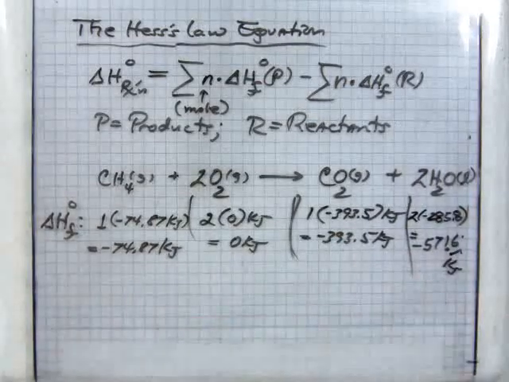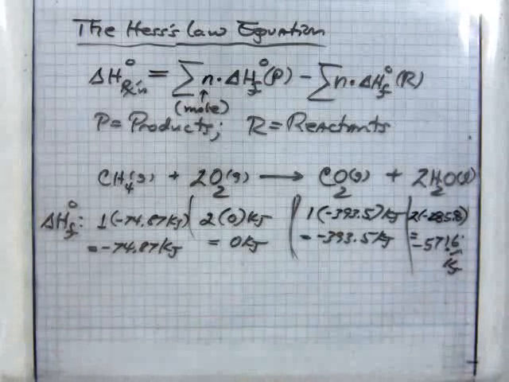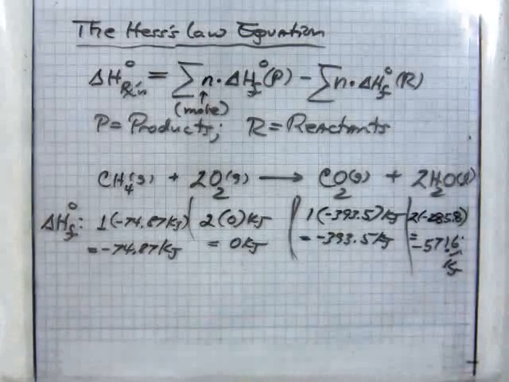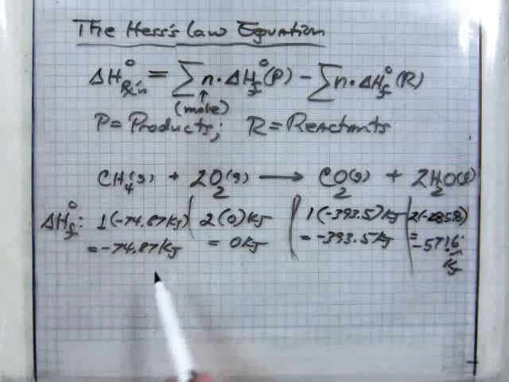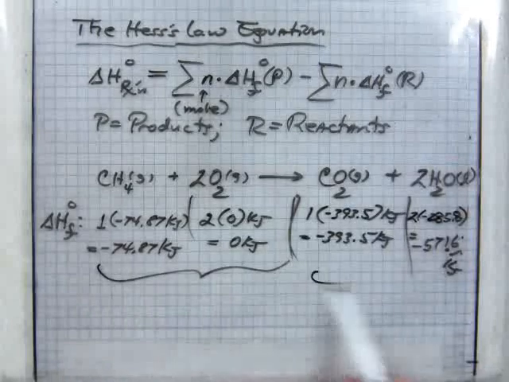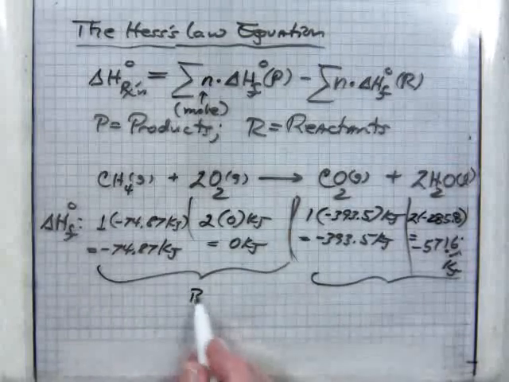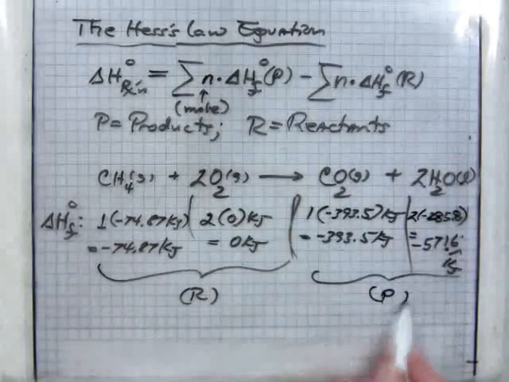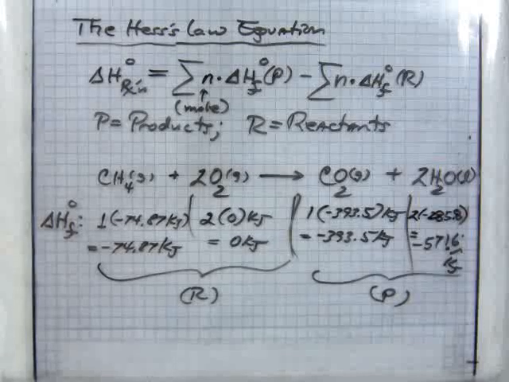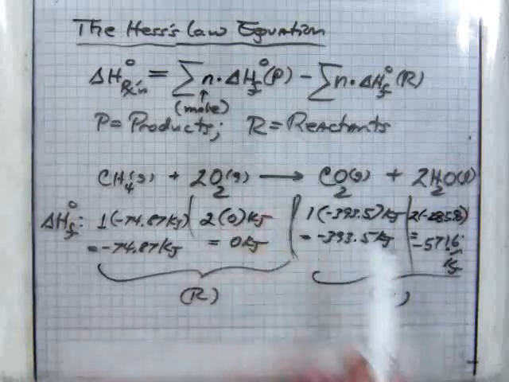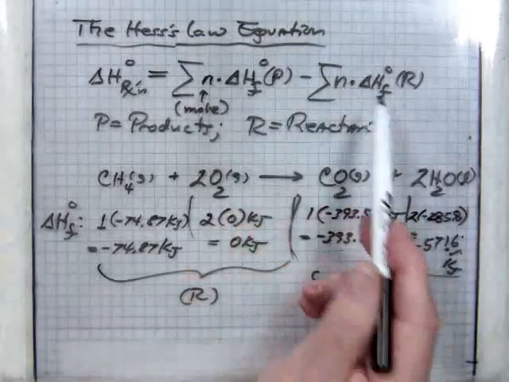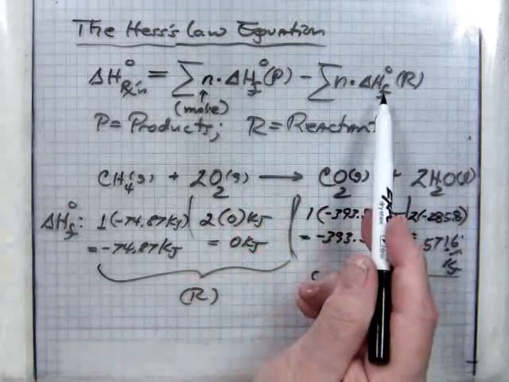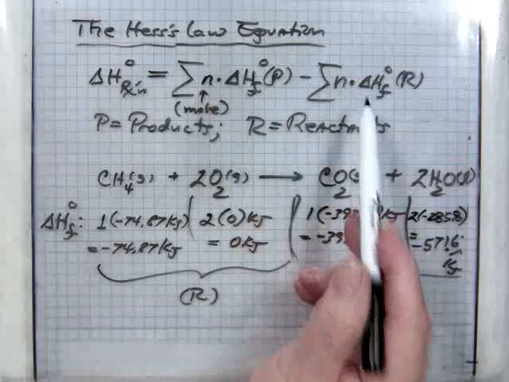I get 571.6. Everybody up with me so far? Keep it up. All right. Isolate each side as reactants and products so you can keep up with your bookkeeping, so to speak. Because what you want to do is apply the sum of your product side and then subtract the sum of your reactant side. That's what the equation is telling you.